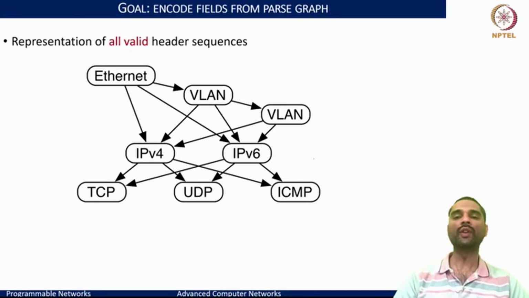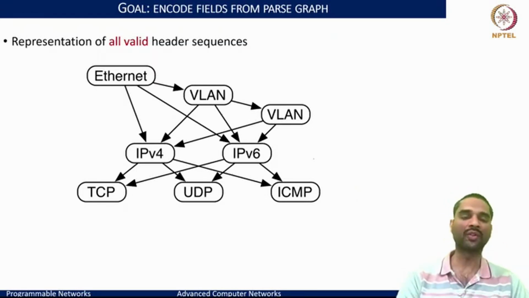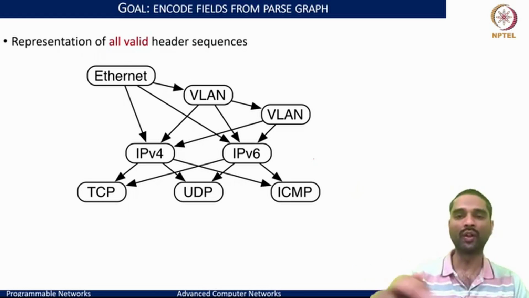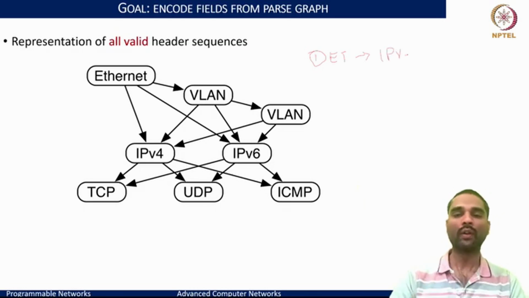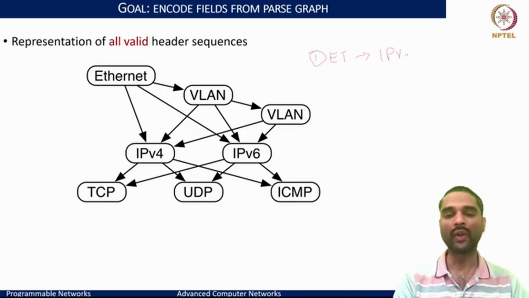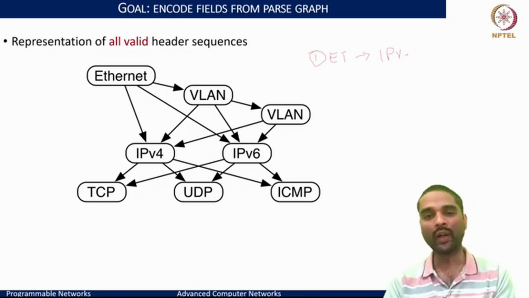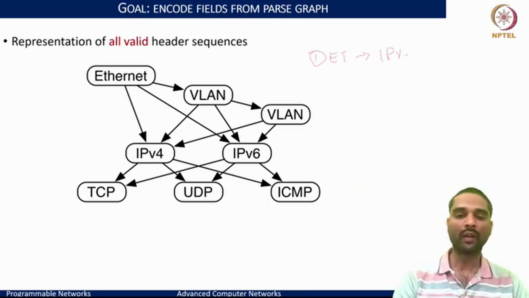And here, we have a parse graph and this looks like a big mesh, but what it really says is we have a bunch of valid header sequences. One of the sequences is Ethernet followed by IPv4 followed by TCP. The other is Ethernet followed by VLAN followed by IPv6, and then it could be either UDP or ICMP.